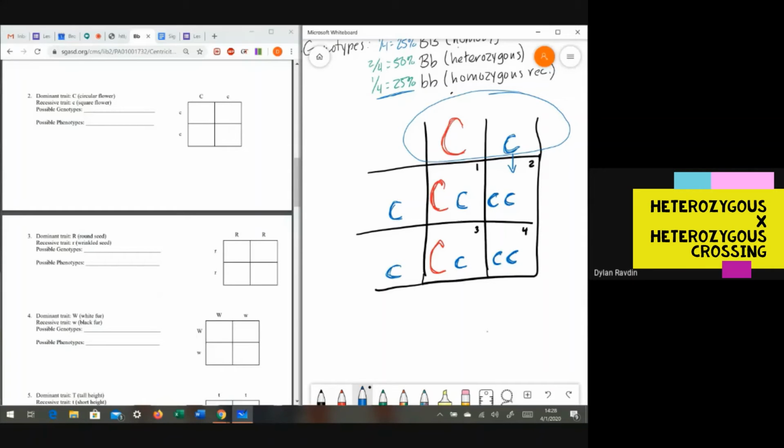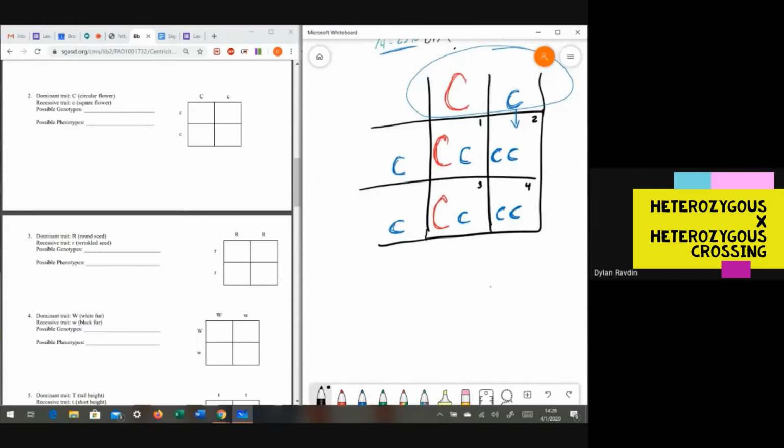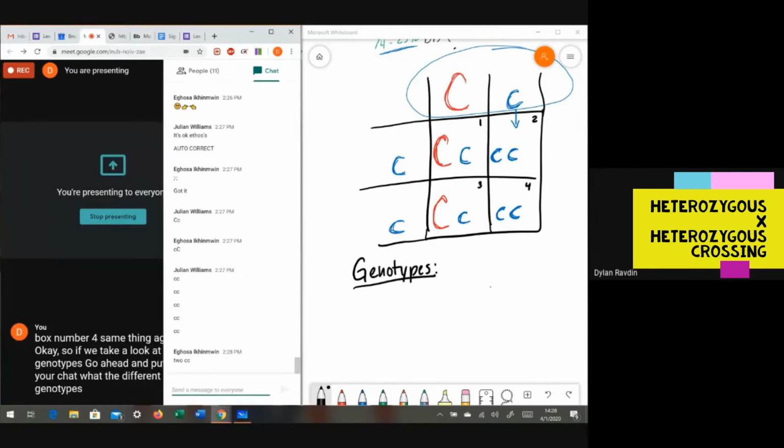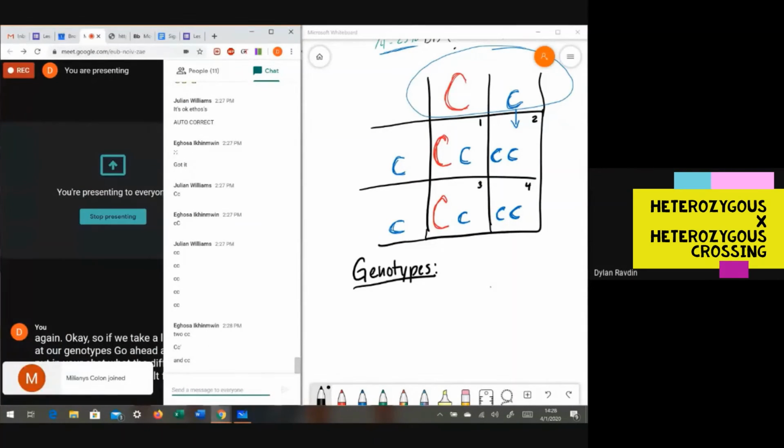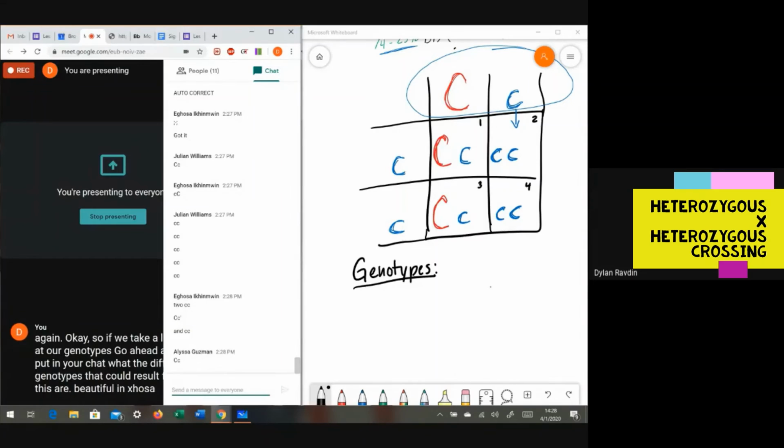Okay, so if we take a look at our genotypes, go ahead and put in your chat what the different genotypes that could result from this are. Beautiful, Ihosa. Excellent.